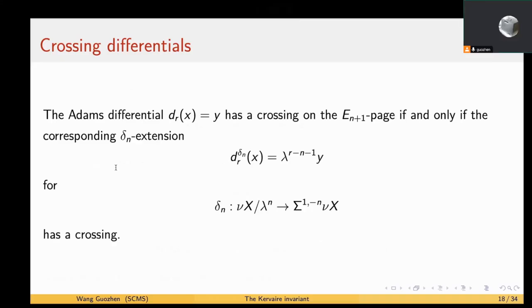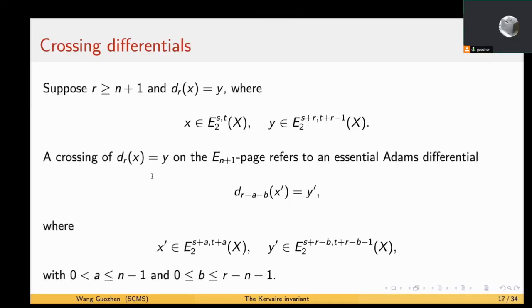And we said the Adams differential d_r x equals y has a crossing on the E_{n+1} page if and only if the corresponding delta n extension from x to lambda^{r-n-1} y for this boundary map delta n has a crossing.